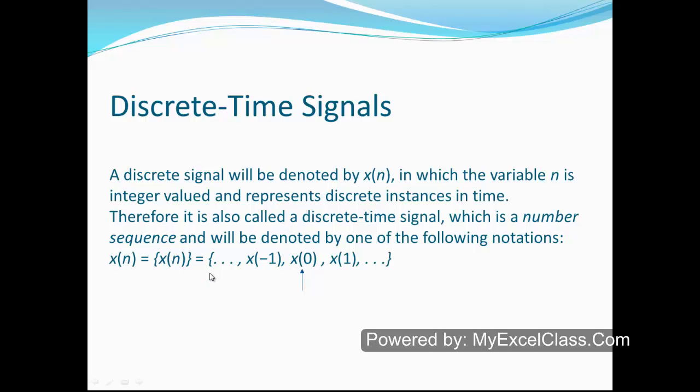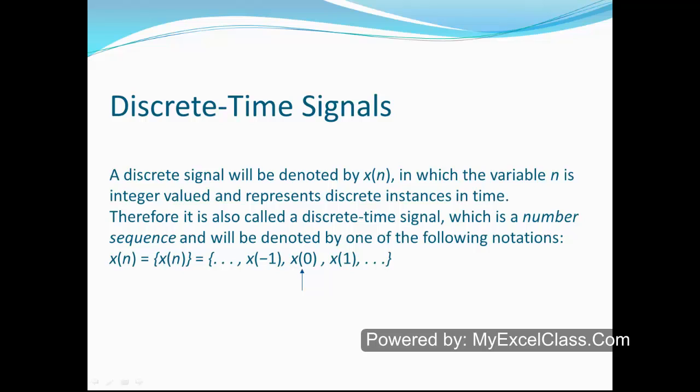The arrow within the sequence, for example in this slide, x of n may vary from x of minus 10 to x of plus 10, and the arrow signifies the time 0, or where the time vector starts. Basically, signals are broadly classified into analog and discrete signals.